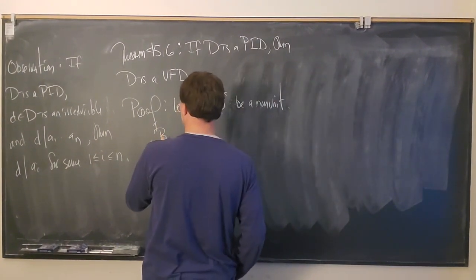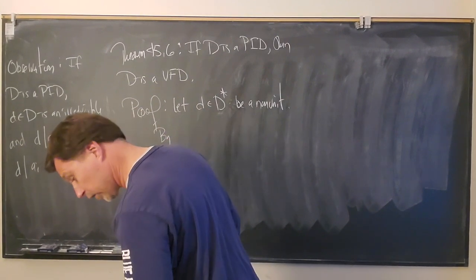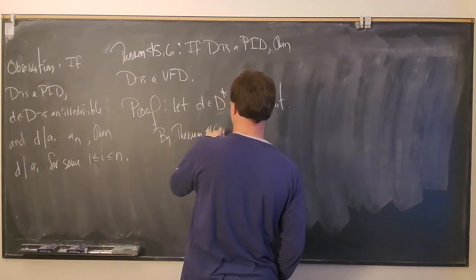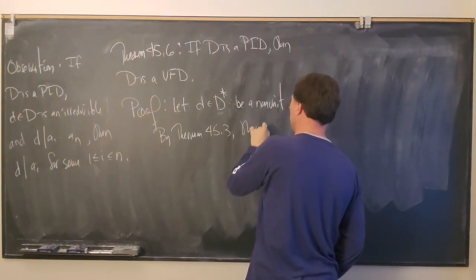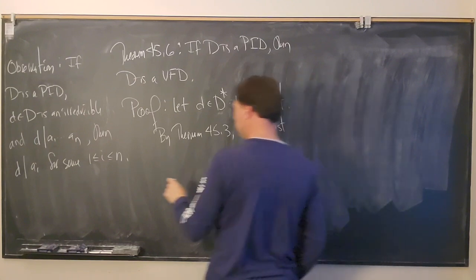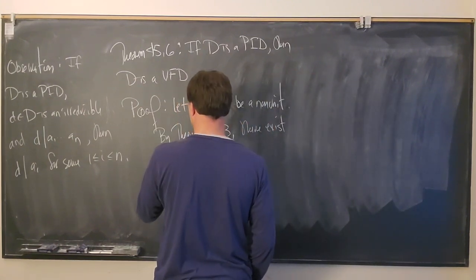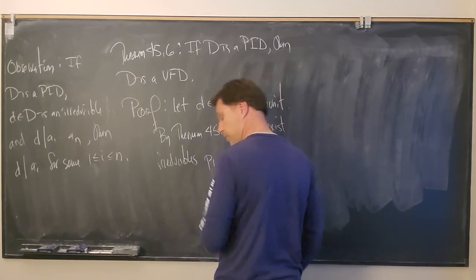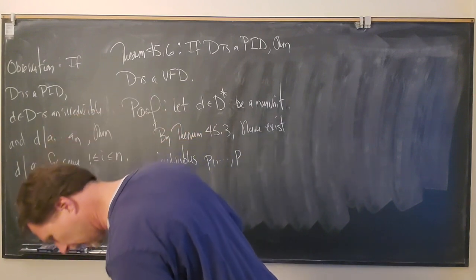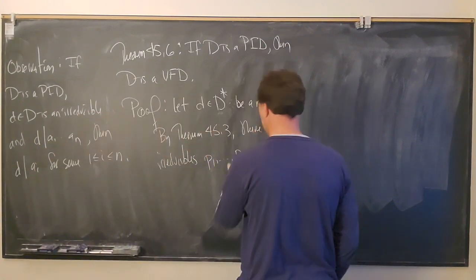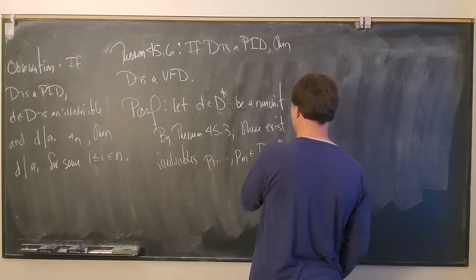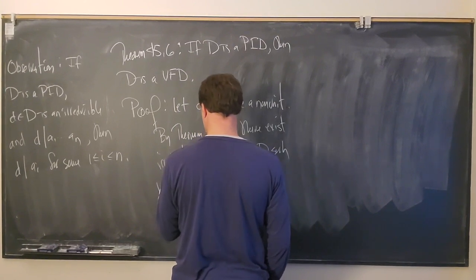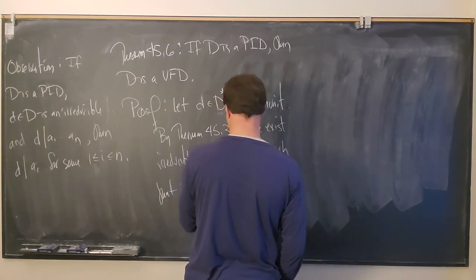So by Theorem 45.3, there exist irreducibles P1 up through P sub m, I don't know why, for some reason I use m, in D such that d equals the product P1 up through P sub m.